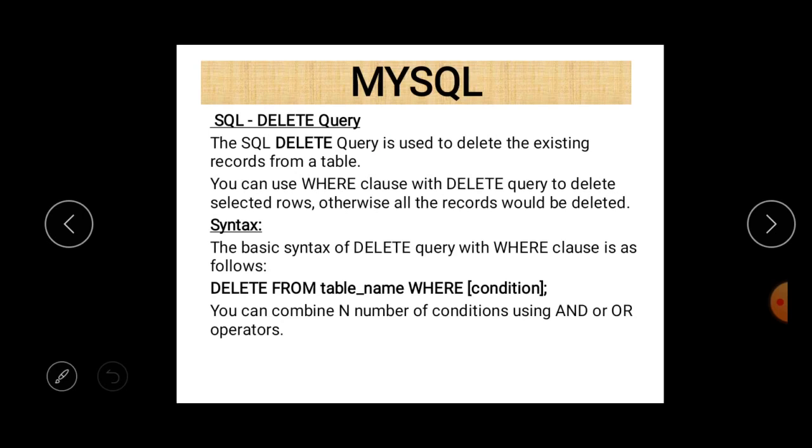But the delete command is used to delete the data in a particular table. For that purpose you just type delete from table, and if there is a condition you can use it with a where clause. The where clause is used with delete but not with the drop command.